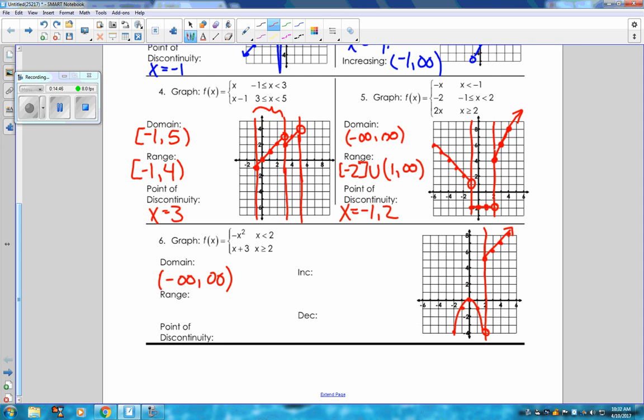Negative infinity. What's the highest my parabola hits? Included. Union. Included or not included? Positive.